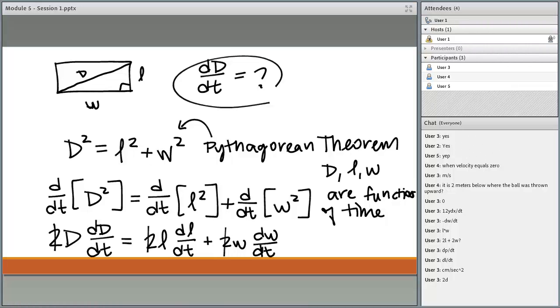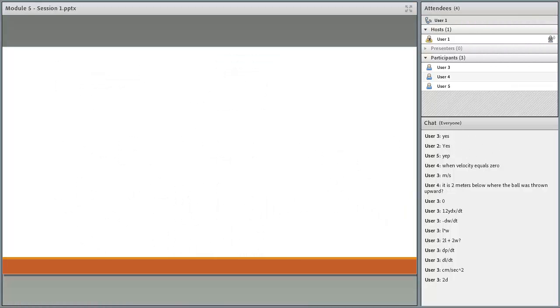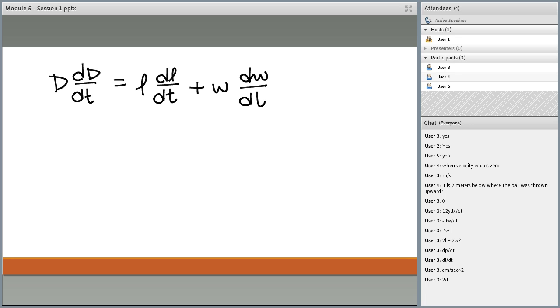So we need all of the information. Let me write the equation on the next page. So after I cancel the 2, I have d dd/dt equals L dL/dt plus W dW/dt. I canceled the 2, and again, you don't have to. It works out the same way if you don't.